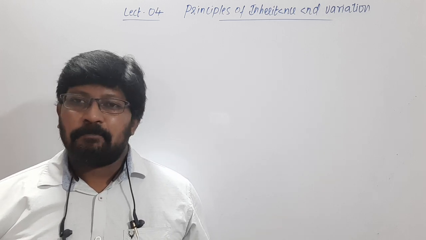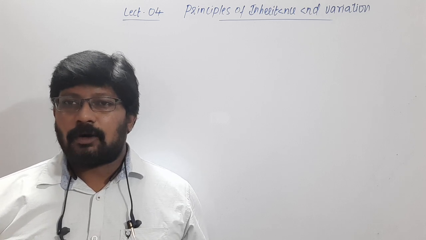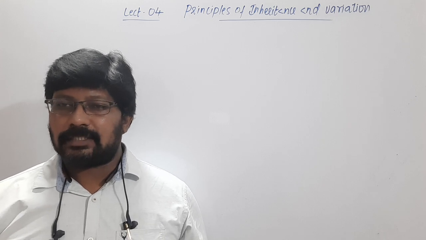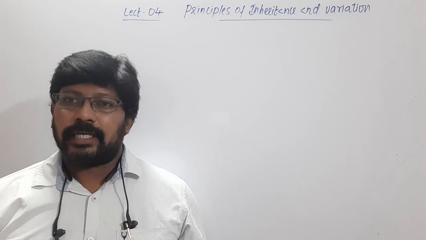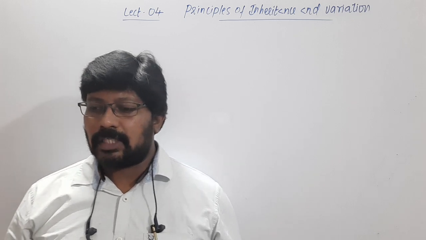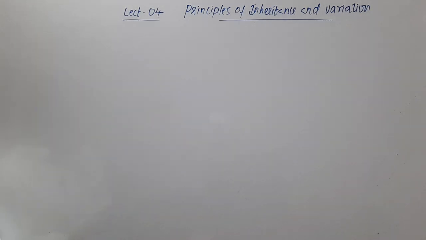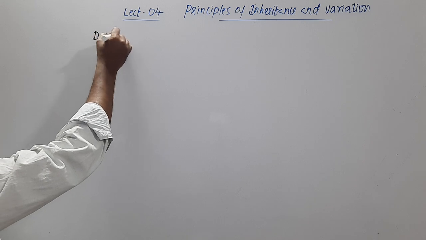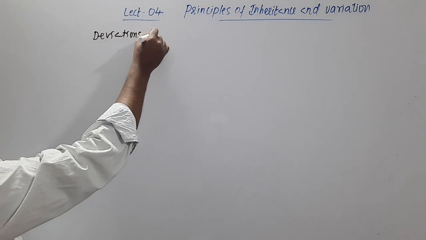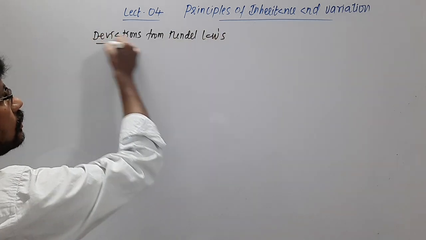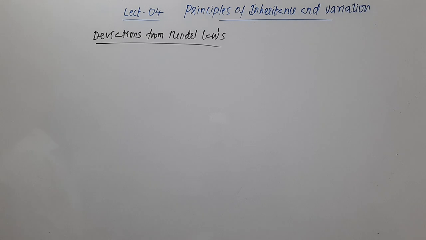The results obtained by the other scientists, doing it the same way as Mendel, were not like Mendel's results, they were different. So we call them deviations from Mendel's laws. So let's see the deviations from Mendel's laws.